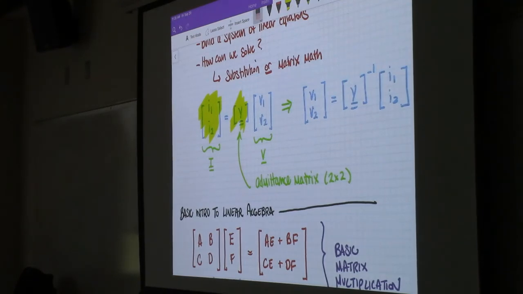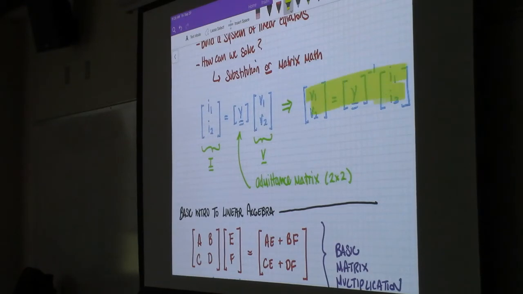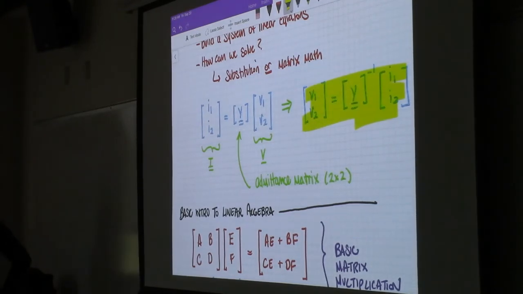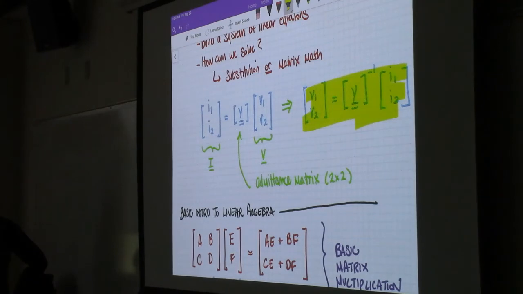And that is going to be how we solve a huge chunk of these problems. You're going to have one vector worth of values, the currents or the voltages. The admittance matrix you're going to be able to define based on the structure of the network. And you are going to invert the matrix, the admittance matrix, and multiply to solve.